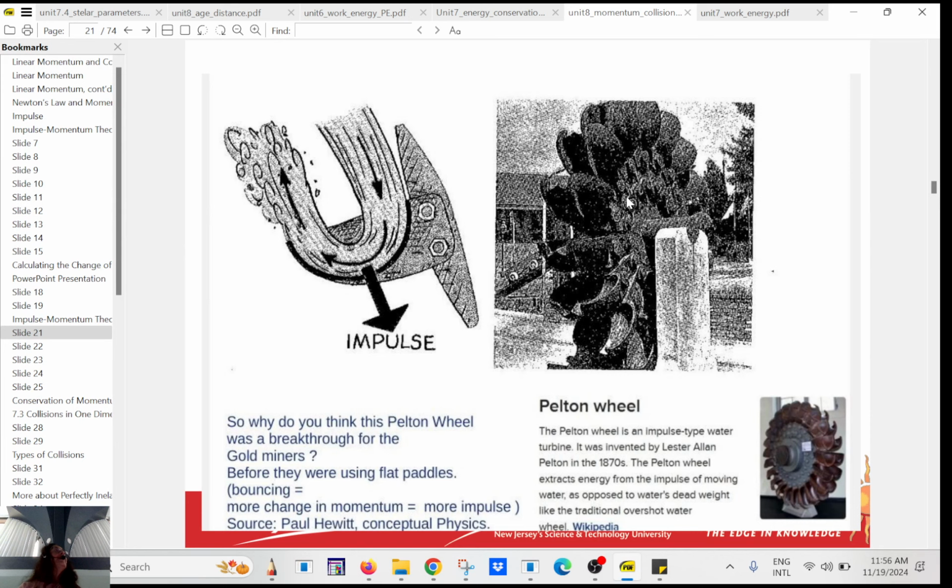And he got the idea to patent a new paddle. Instead of flat paddles, he made the paddles curved. Why? Because if the water is bouncing off, you're going to provide more impulse, more punch, so the wheel will go faster, right? And he patented his wheel.